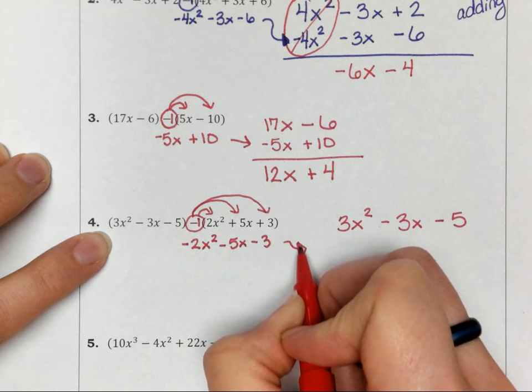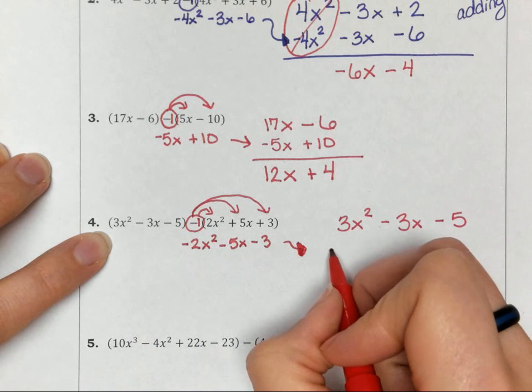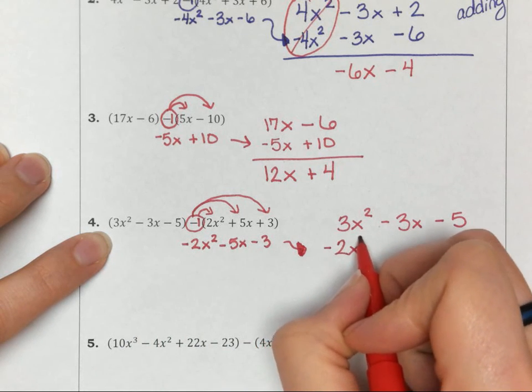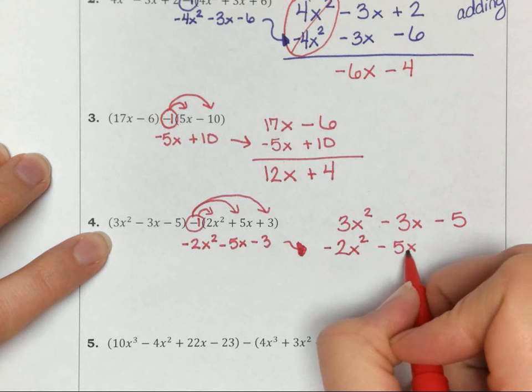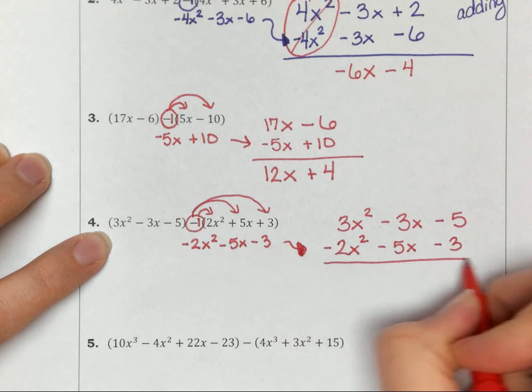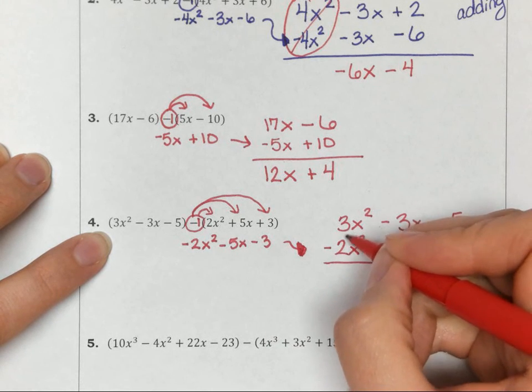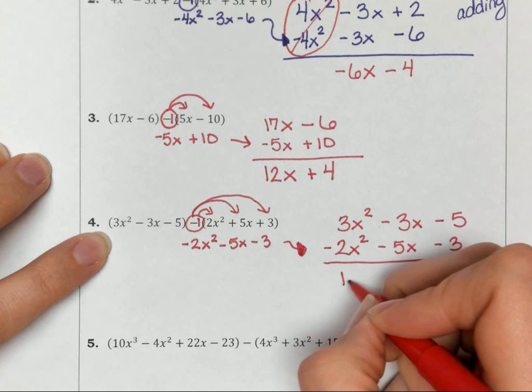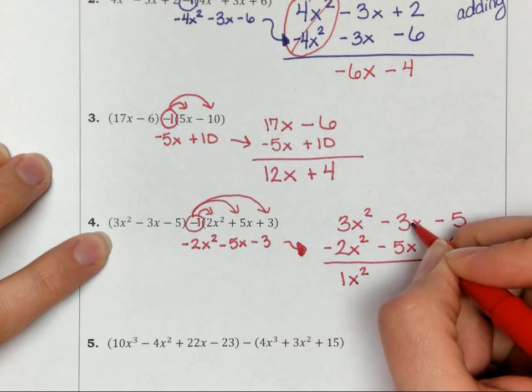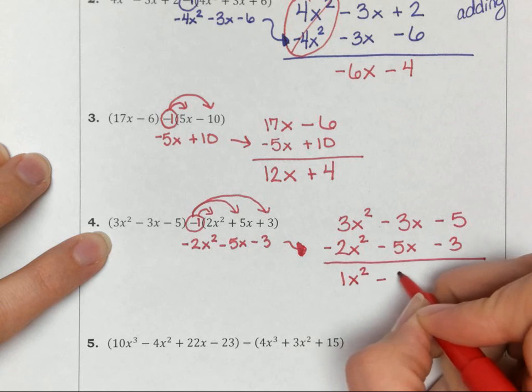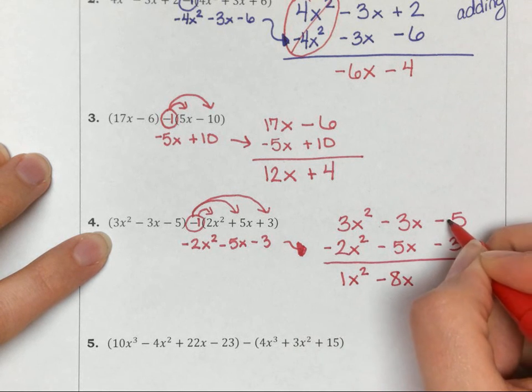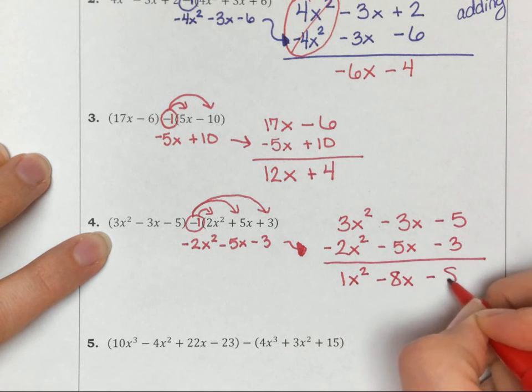And I'm going to line them up. Like terms stay together. Add straight down. 3 and negative 2 make a positive 1x squared. Negative 3 and negative 5 make negative 8x, and negative 5 and negative 3 make a negative 8.